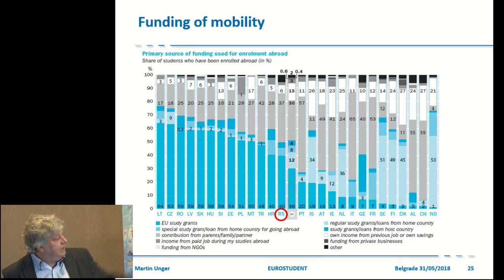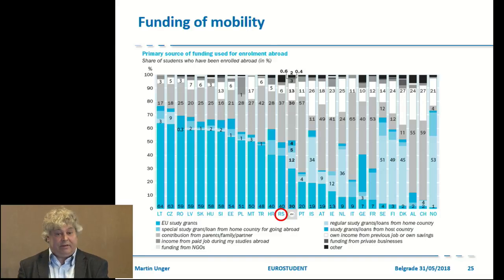If you look at the other countries, mostly all the Eastern European countries are on the left side, with quite high shares, sometimes up to 60, nearly 70% say the Erasmus grant is the most important. In Serbia it's not, because so few really enroll abroad and they go for language classes or whatever, and they are obviously not eligible.